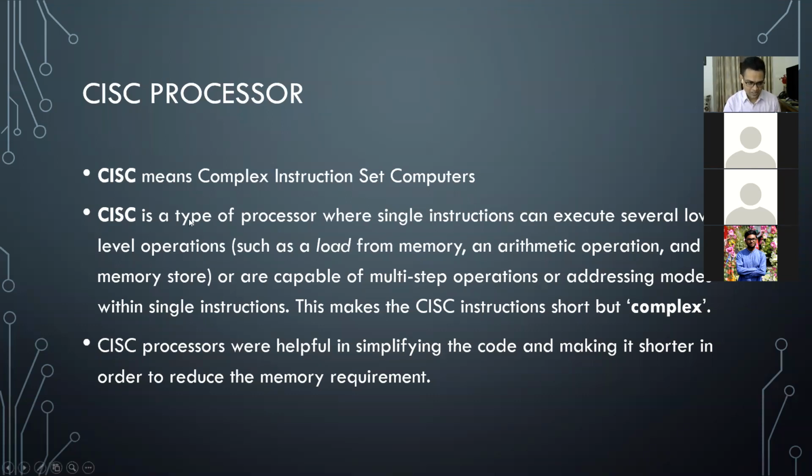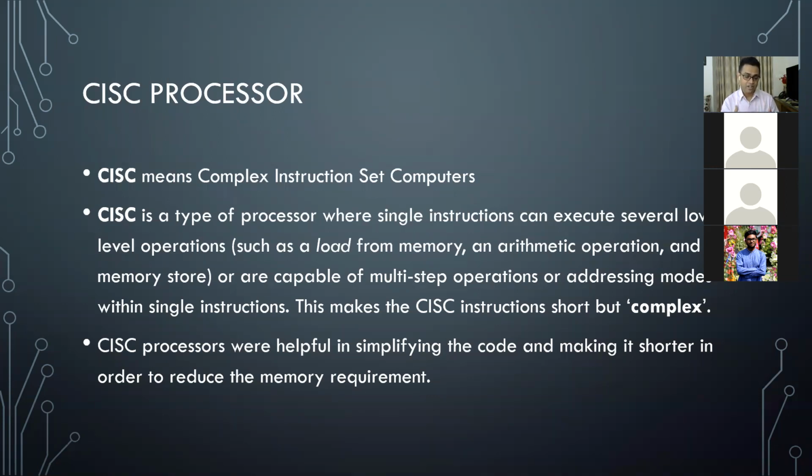That's why they say that in the CISC processor, a single instruction can execute several low-level operations. Just remember this one. But the problem is, whenever you combine all this code into one single instruction, it becomes short, but more complex for the system.